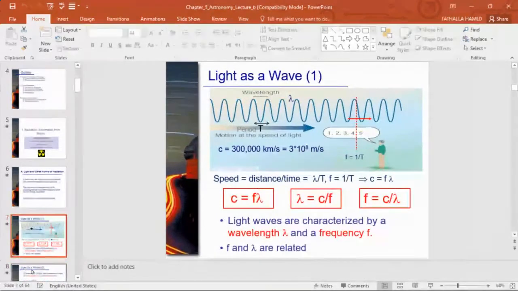Now we'll deal with light as a wave, but let me briefly go through some points in history of how we got to understand light. Light is essential. We see things because of light. The Greeks brought in a philosophical question of what is light. Is light a form of matter? Is it energy?